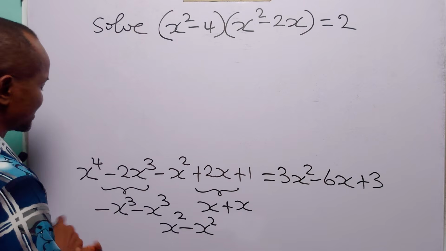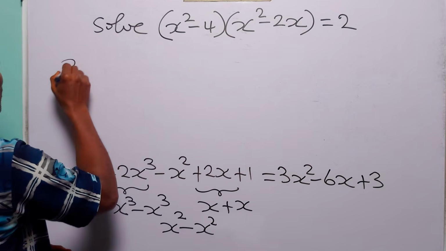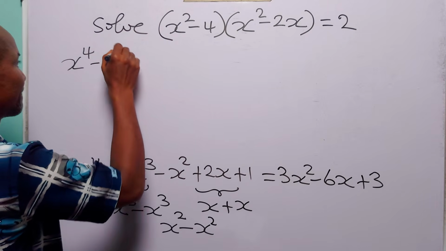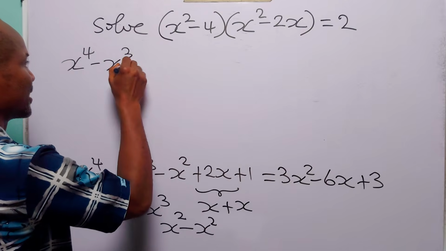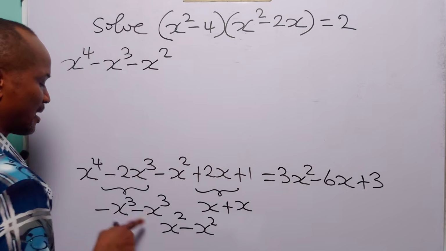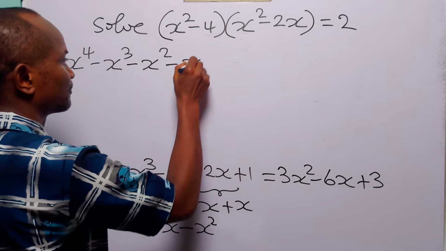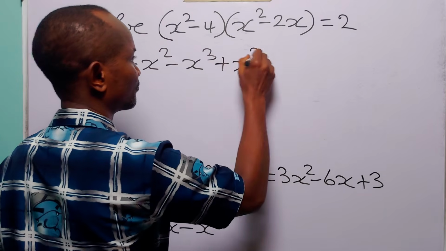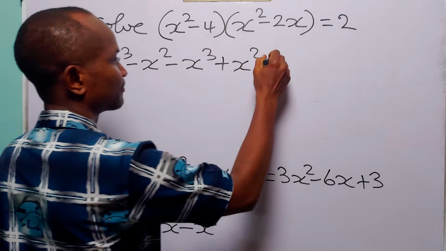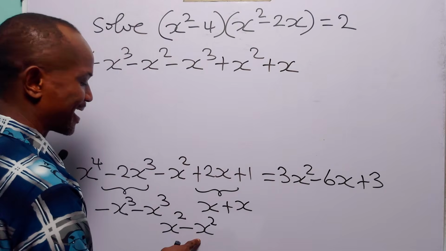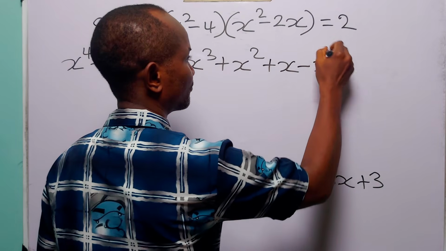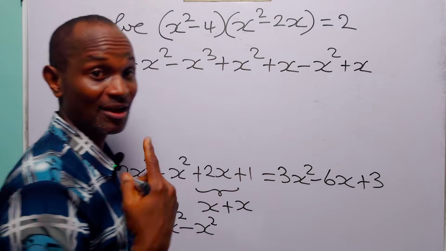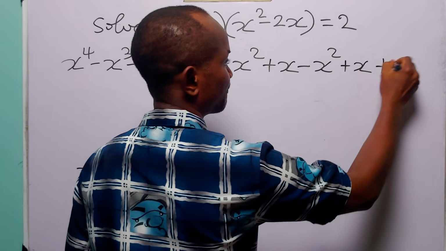And now on the left hand side, what we have is x raised to power 4 minus x cubed minus x squared, minus x cubed plus x squared plus x, minus x squared plus x, and finally plus 1.